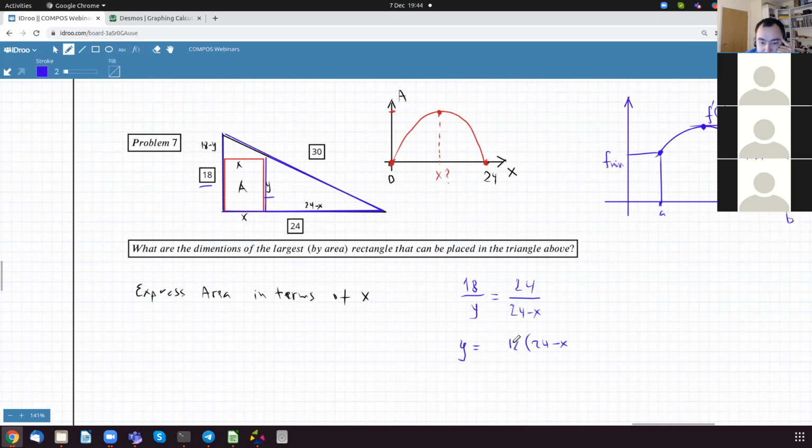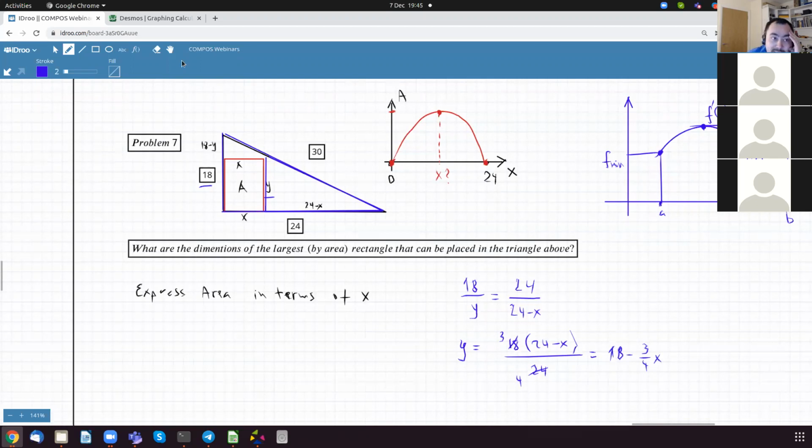Simplify: this is 3, this is 4. So 3/4 times 24, that's 18. So y is 18 minus 3/4 x.